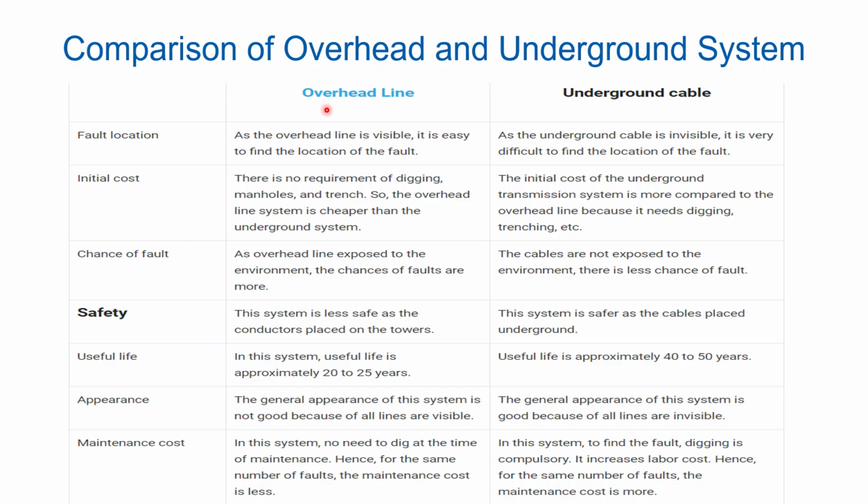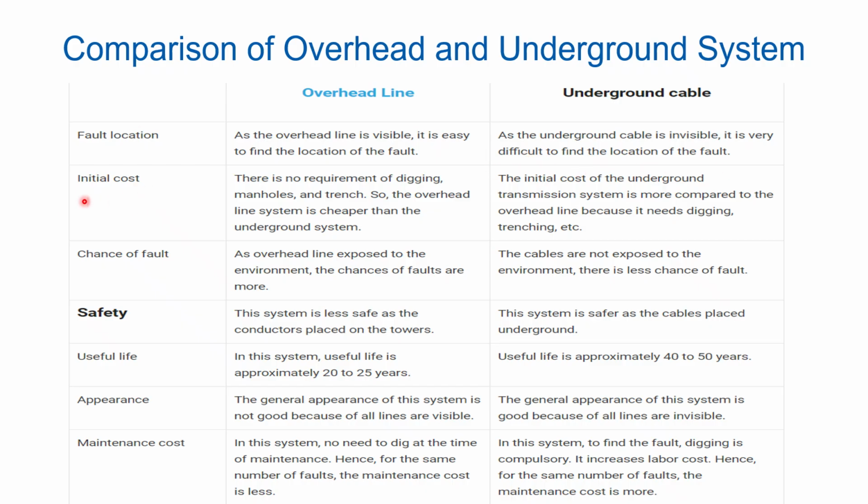So as you can see, the comparison of an overhead and underground power system can be done based on various points, like the fault location. The fault location in case of overhead line is much easier because it can be easily visible, but in case of underground system the fault where it has actually occurred is invisible, so it is difficult to find the fault location.